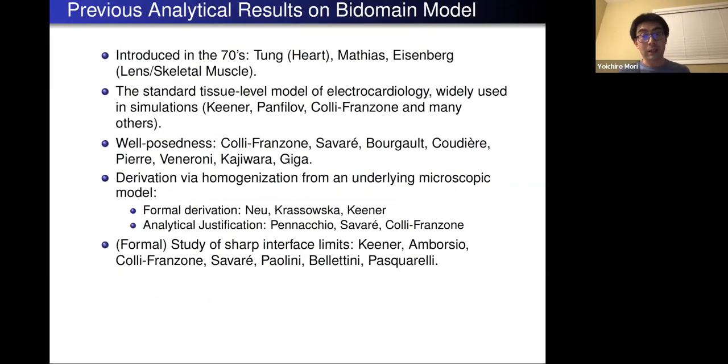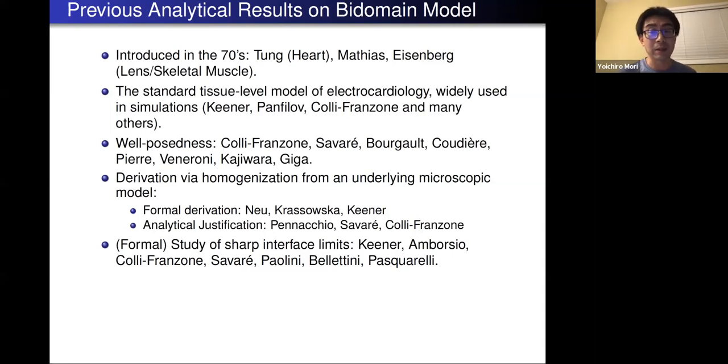And before I proceed to the main topic of discussion today, let me just summarize some previous results. The model itself was introduced by Tung in the context of cardiac electrophysiology, which is what we are interested in today, and in a separate context in the lens and skeletal muscle by Schmitt and Eisenberg, who are both physiologists.